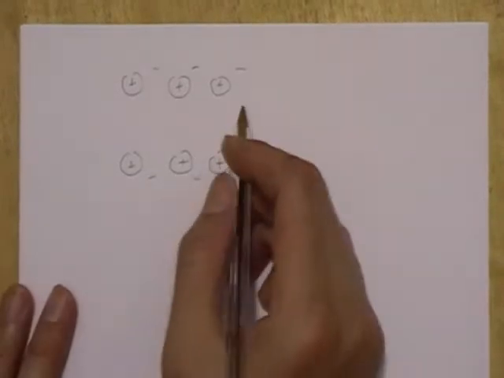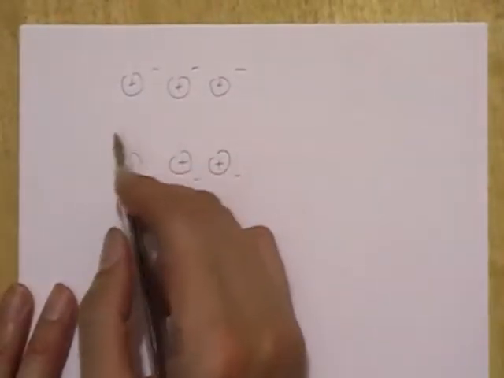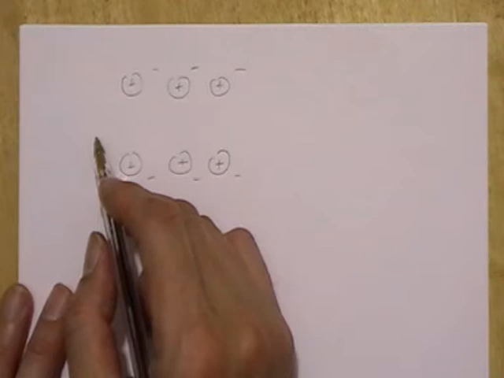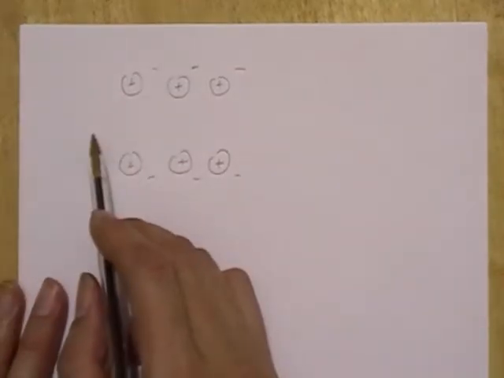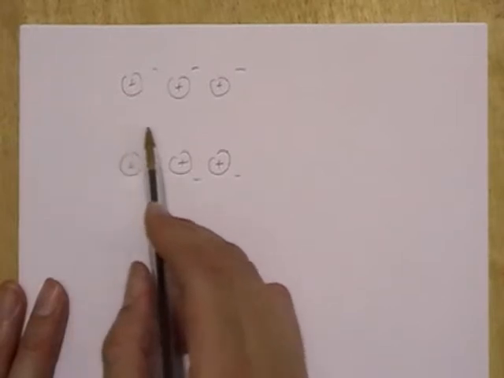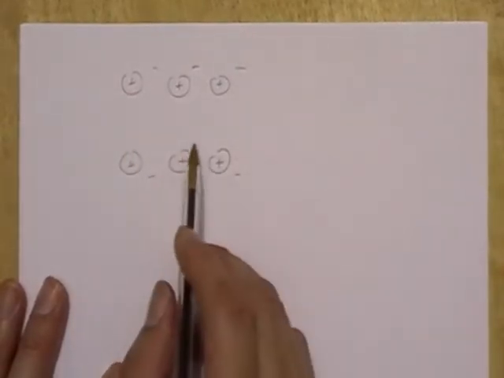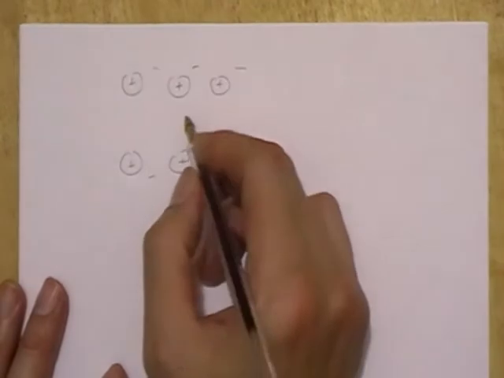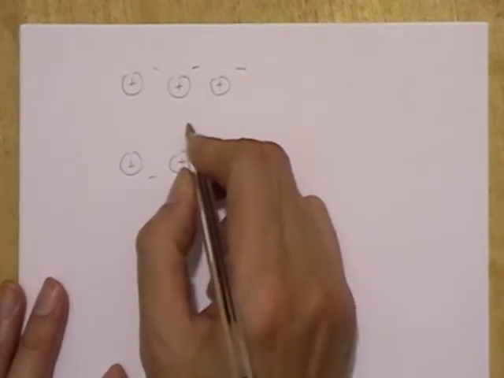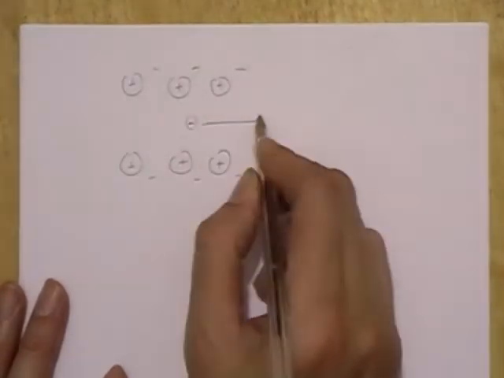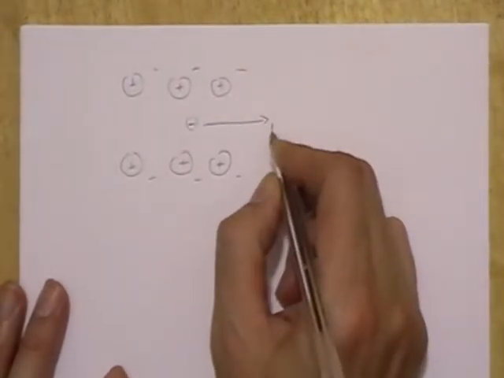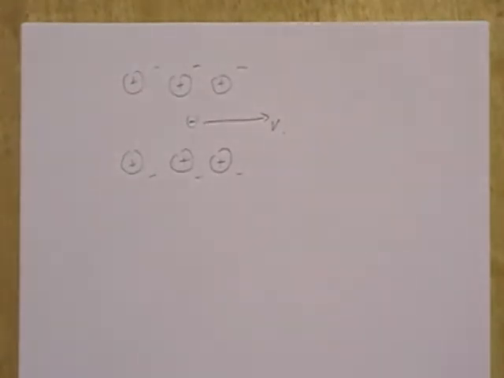Alright, so now suppose that we follow an electron as it zooms past in between these ions. Okay, so for example, that might be an electron. It zooms past these ions with a certain velocity v.